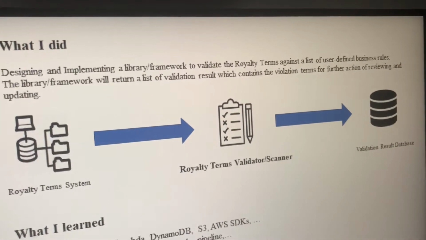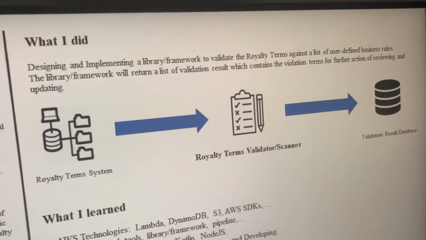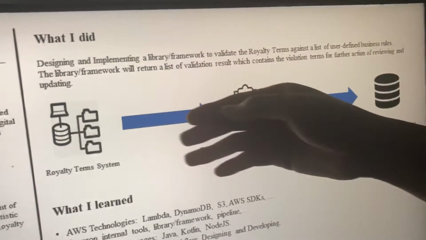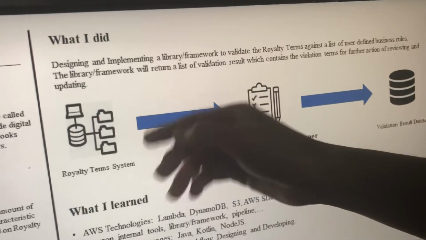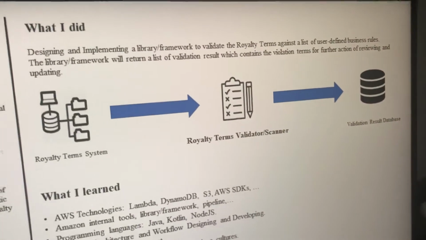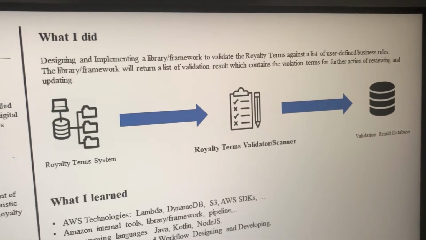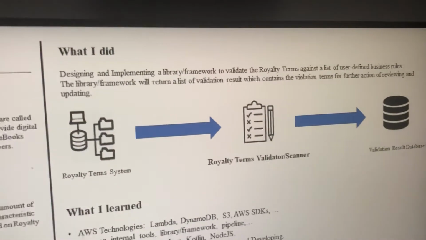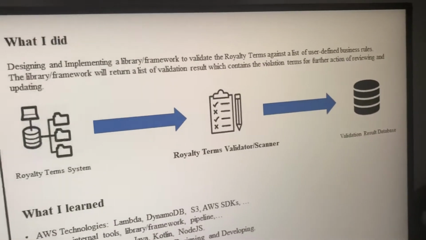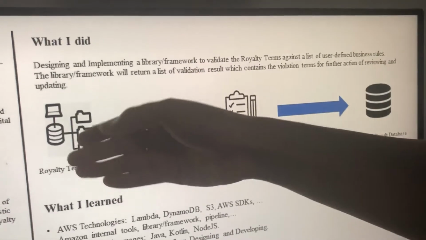In order to build this royalty term validator scanner, I needed to dive deep into researching the structure of the royalty terms, the data structure, and what's in the model. I also needed to reach out to clients in other departments to ask what factors or criteria they wanted to verify and test in those terms.